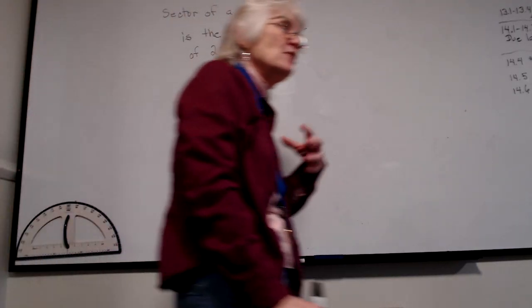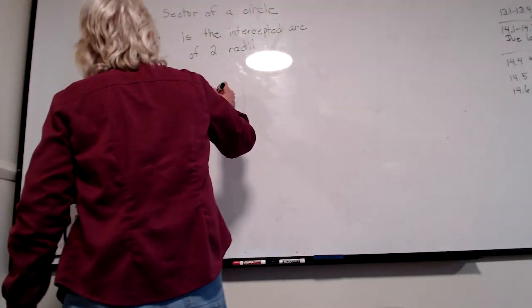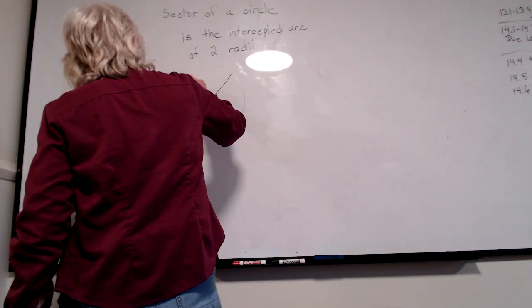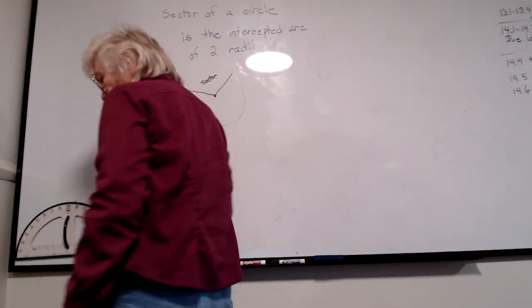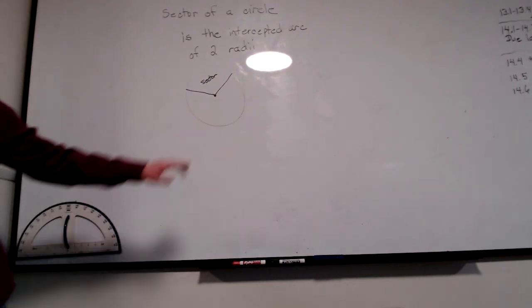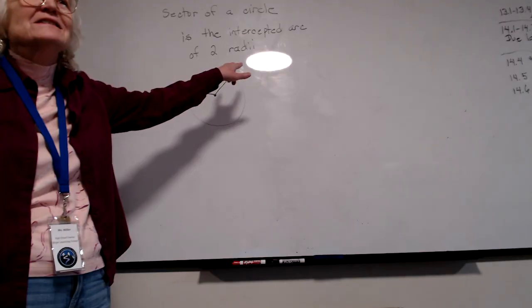A sector is you just take any two radii, and this is called the sector. You could also call this the sector, that's the major sector, this is your minor sector, okay?